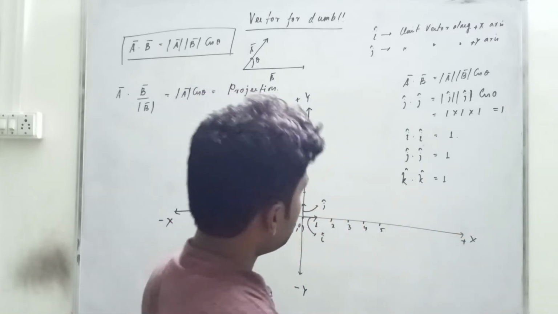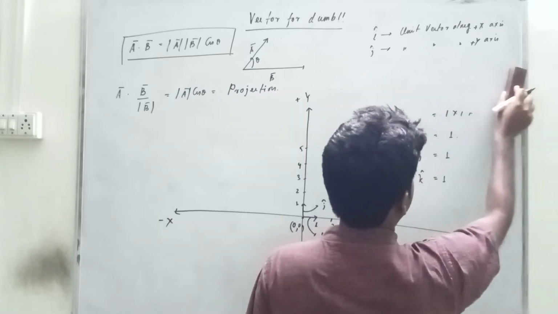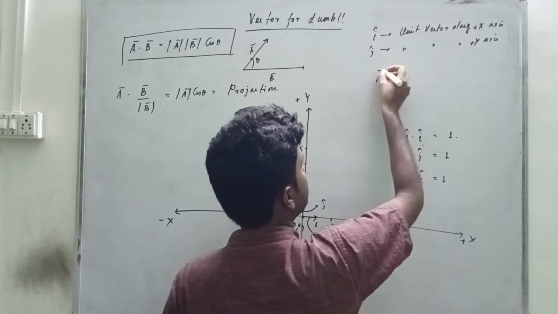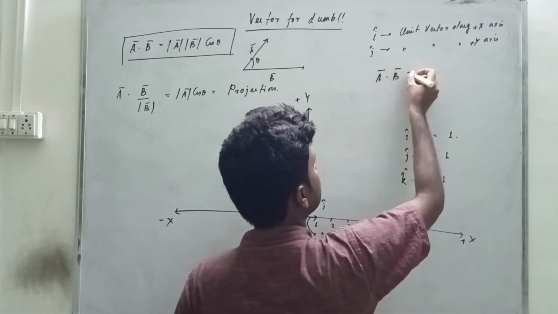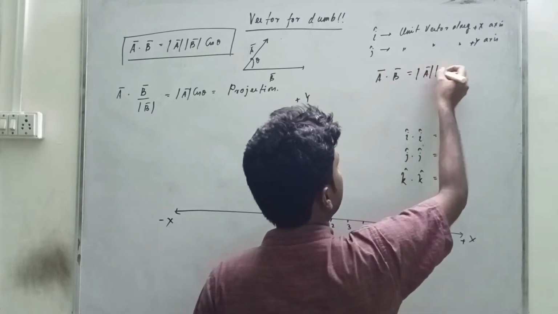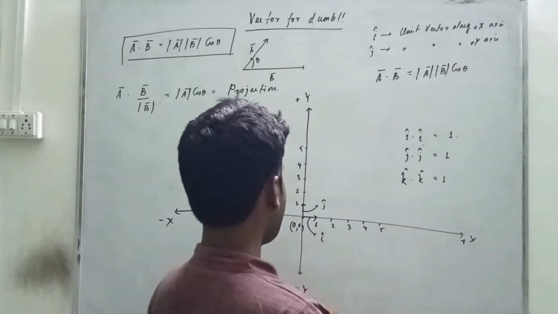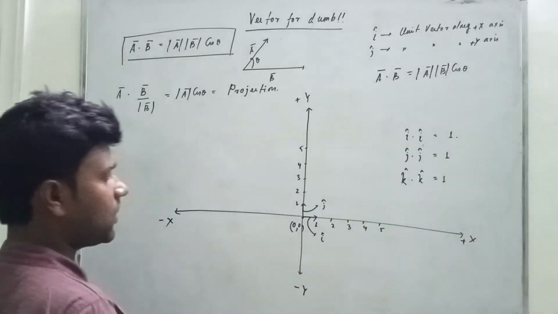Okay. Now, what will happen if, just write this main equation: a dot b equals magnitude of a, magnitude of b, and cos of theta. Then what will happen with i dot j?